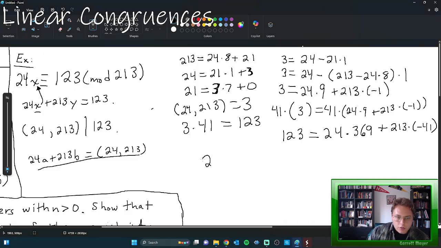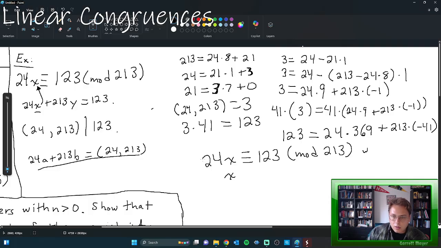We know 24x is congruent to 123 mod 213 when x equals 369. So that's the first solution. But there are others.